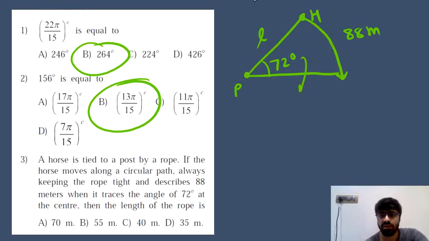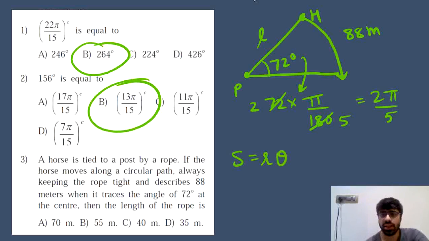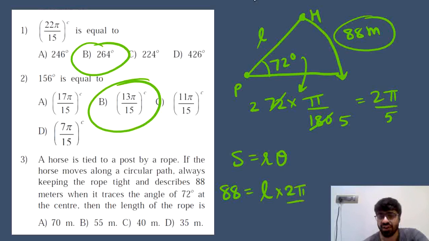72 degrees, let's convert it into radians. That would be 72 into pi upon 180. 36 into 2 and 36 into 5. So we have the angle in radians as 2 pi by 5. And then we finally know that length of arc S is equal to r theta. The length of arc has been given to us as 88. That should be equal to the radius, which is basically the length of rope, into theta, which is 2 pi by 5.